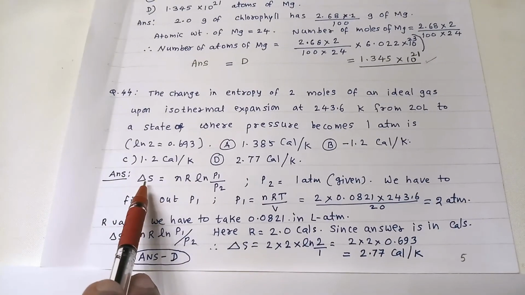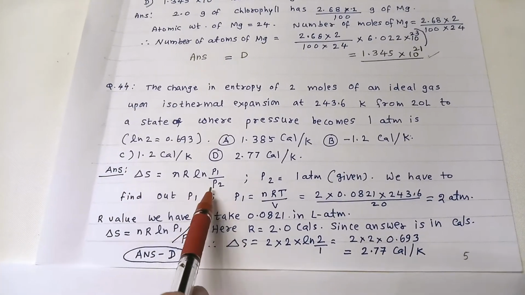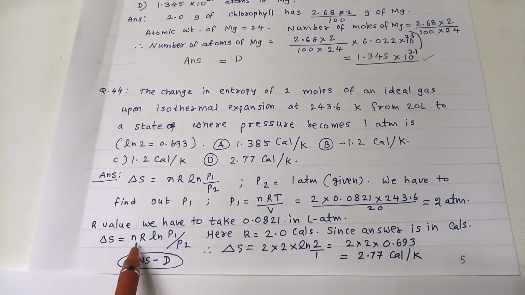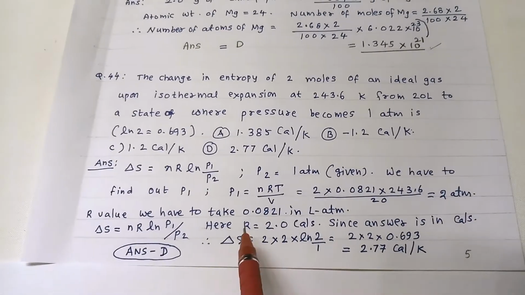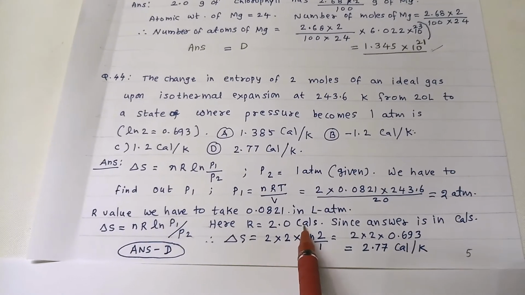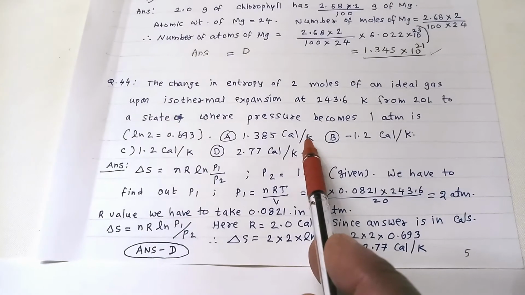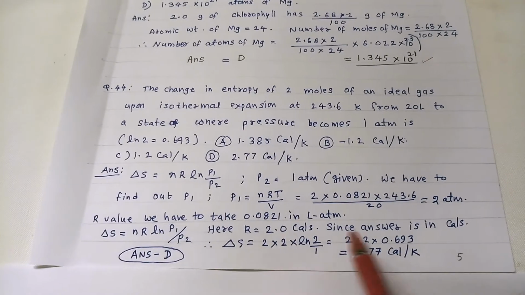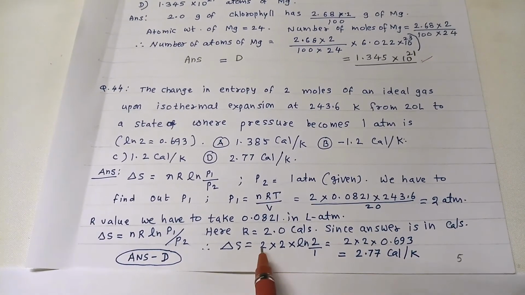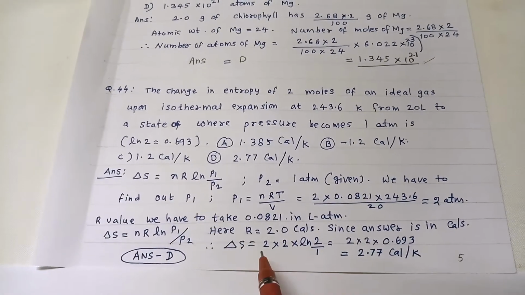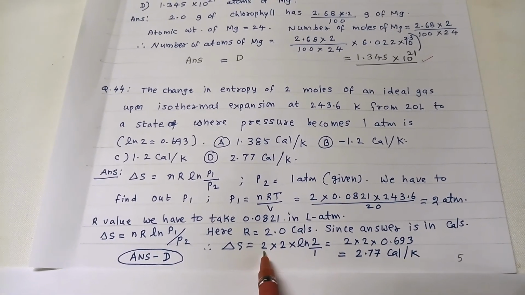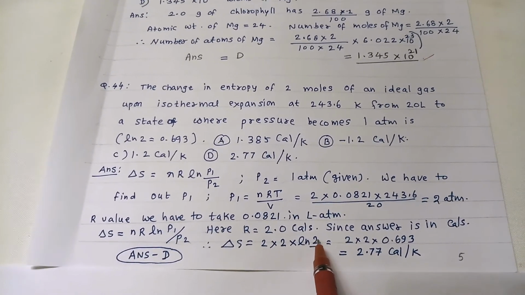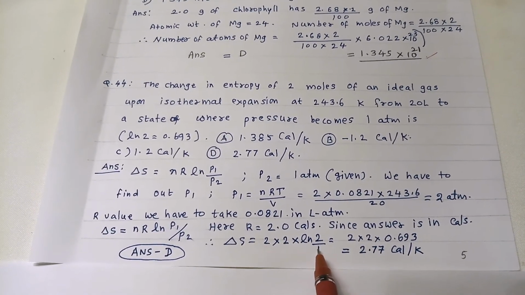Then we substitute these values in the delta S equation. Delta S is equal to nR ln P1 by P2. Here R we have to take in calories because our final answer is in calories, so the gas constant we can take as 2. The number of moles is 2, R is 2, ln of P1 by P2 where P1 is 2 and P2 is 1.